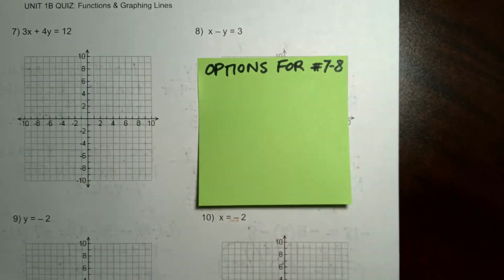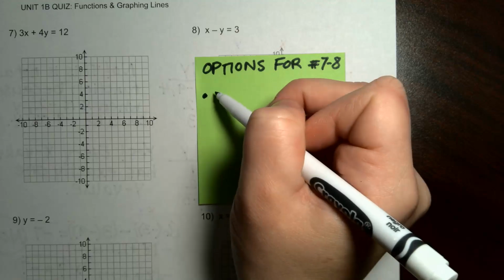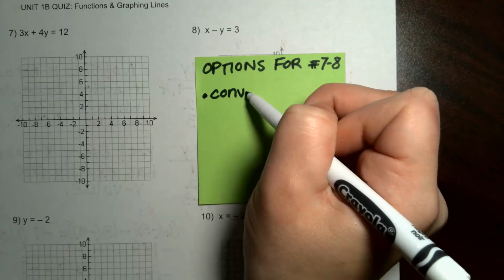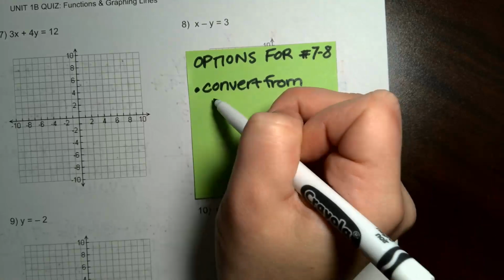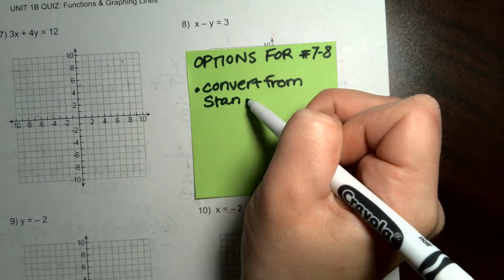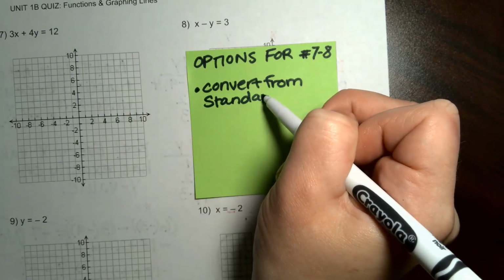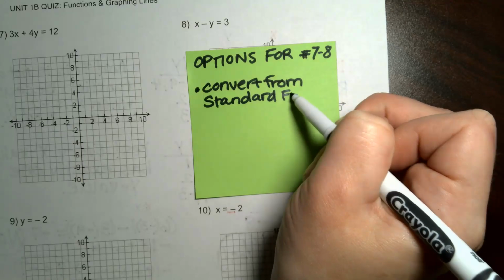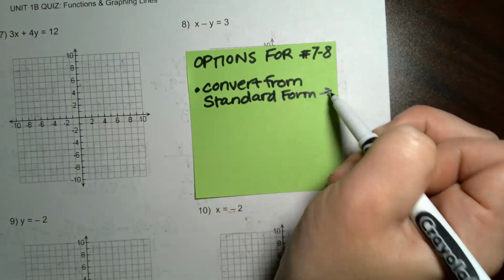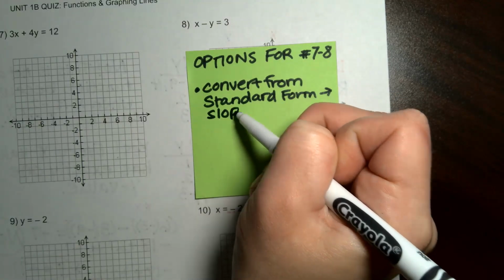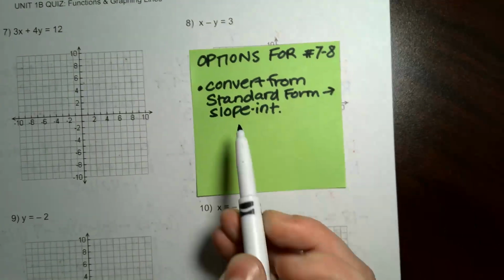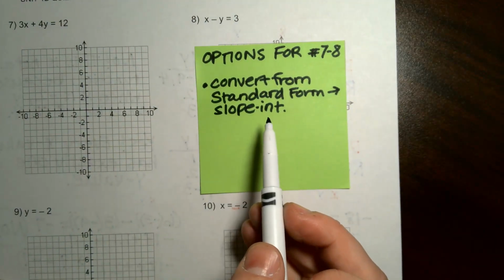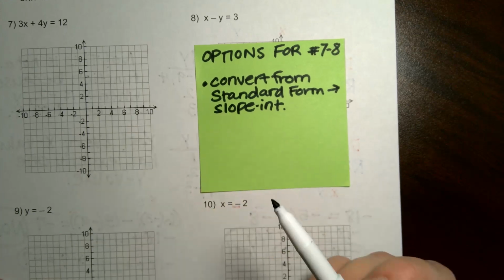So first of all, you could convert from standard form to slope-intercept. And then from there, you could find the slope and the y-intercept and graph.